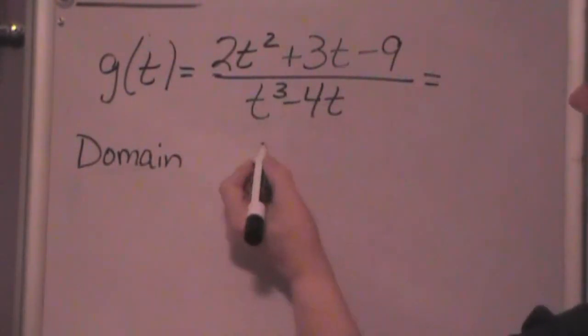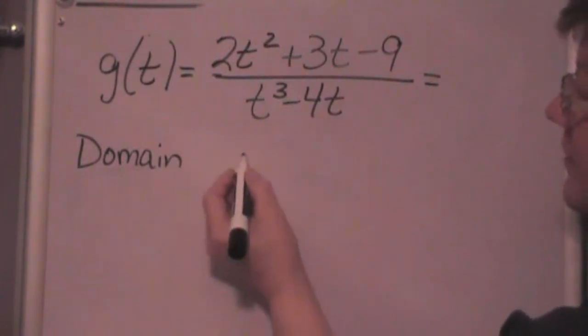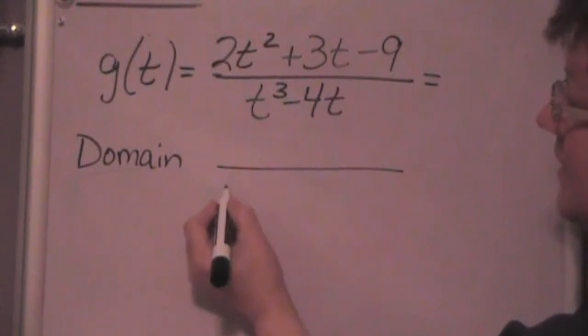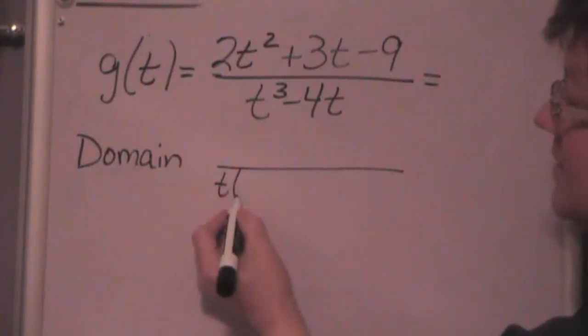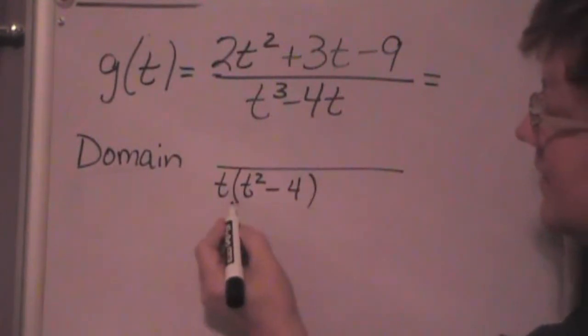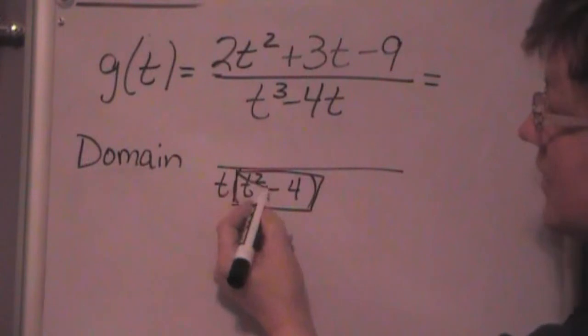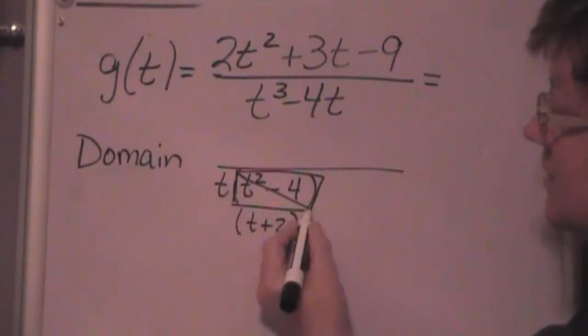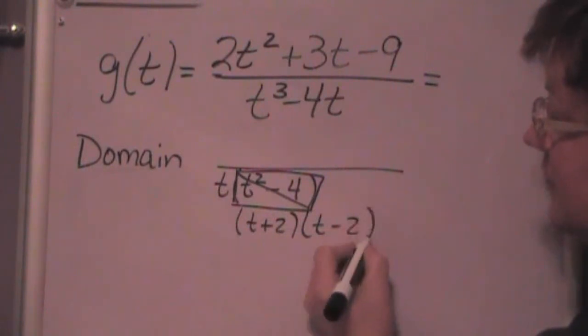And I'll explain that. Now the denominator factored, let's just concentrate on that for the domain, is t times t squared minus 4. And then this part right here is the difference of two perfect squares, so I can refactor that into t plus 2 times t minus 2.